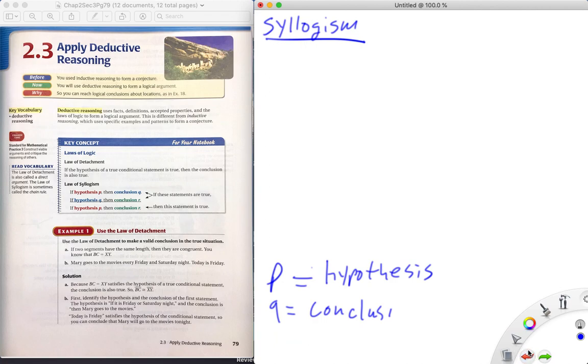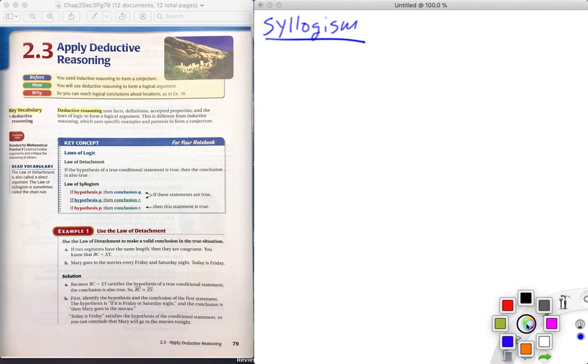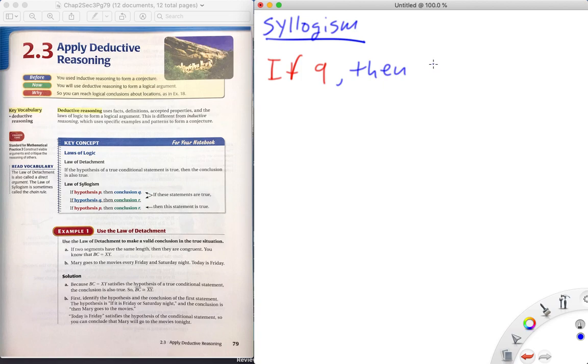So what they're telling me for the law of syllogism is this: if hypothesis P, then conclusion Q. If hypothesis Q, then conclusion R. Oops, I wrote Q twice.